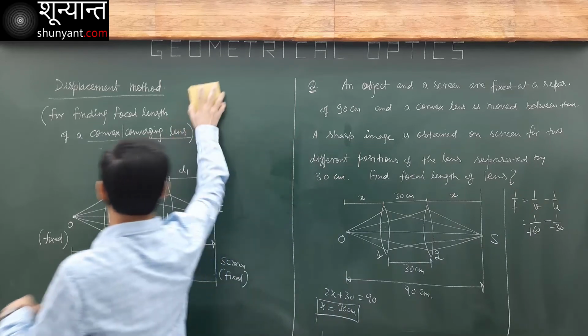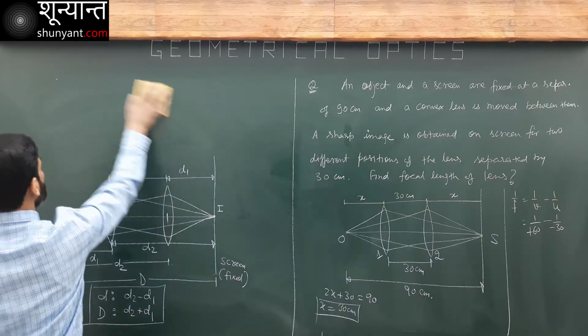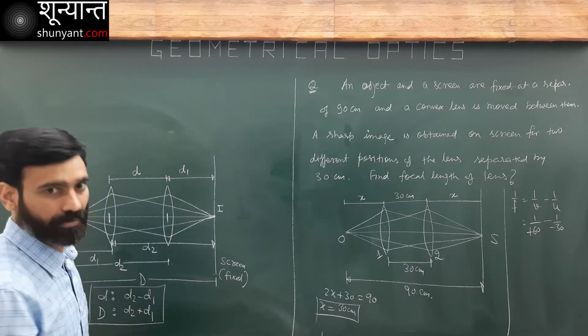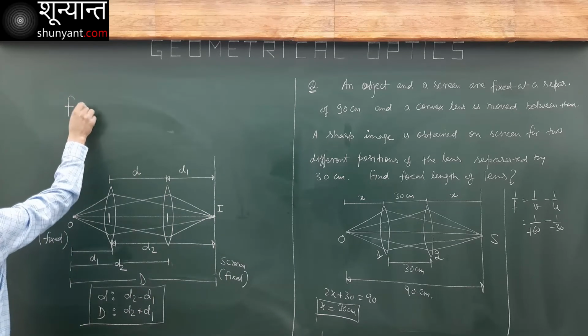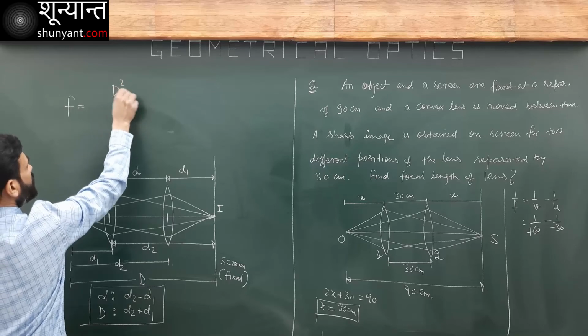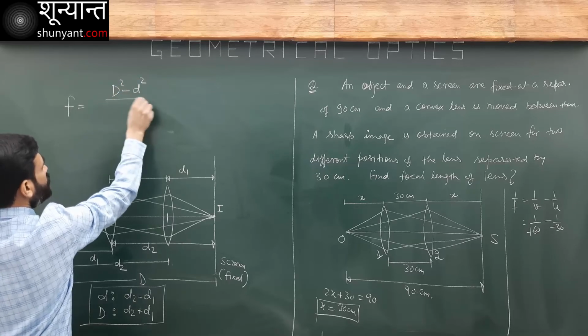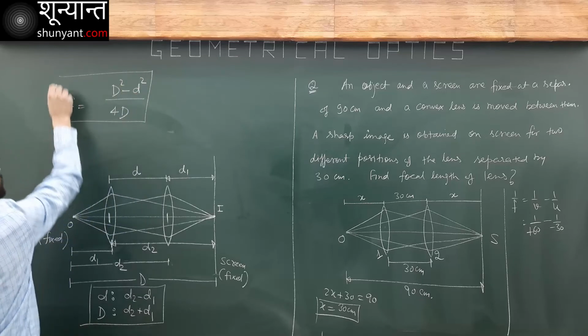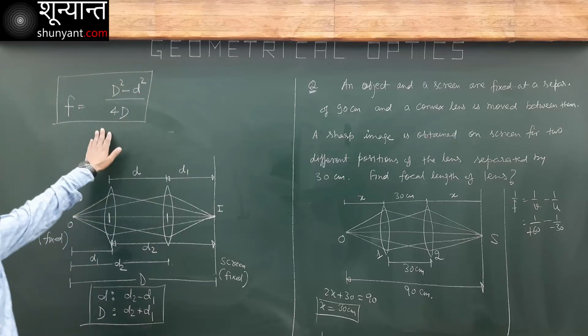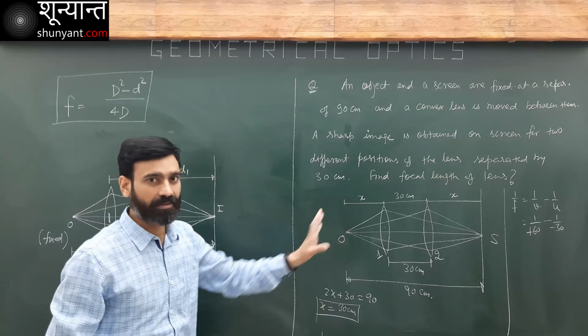Now, there is one other way of doing it, that is the formula. Note down the formula: f is equal to D square minus small d square over 4 capital D. If you want, you can use this, but it's better to understand the first method.